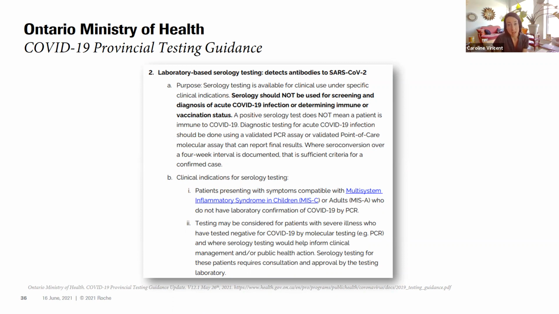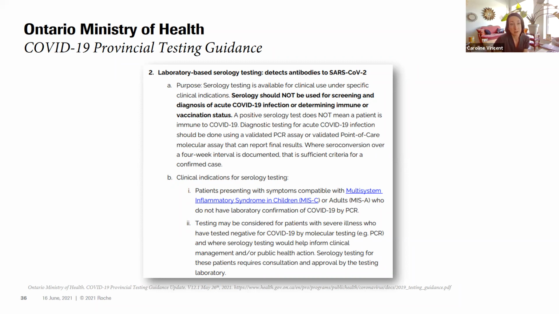At this time, antibody testing is not allowed to determine immune or vaccination status in Ontario, but this is something that might change, especially in the case of immunocompromised patients.